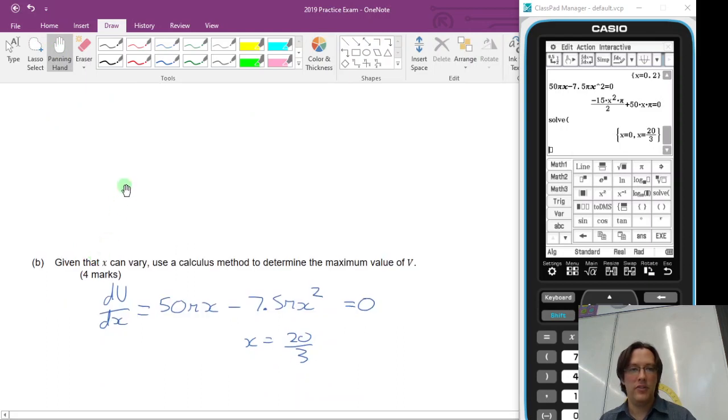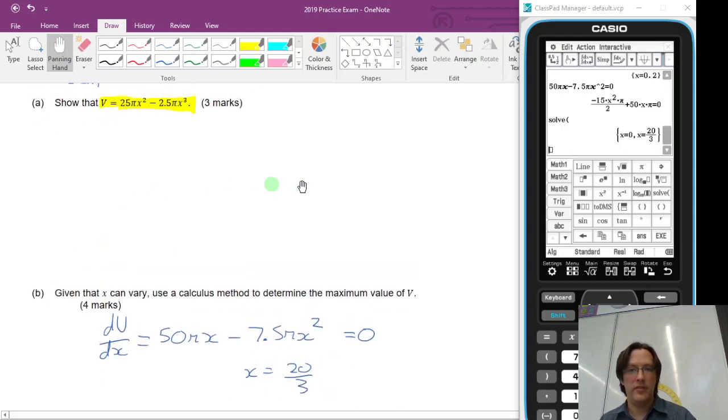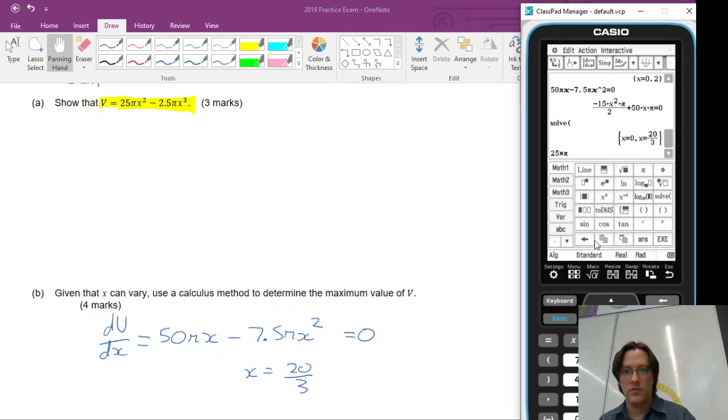So we put that back into our original equation. 25 pi x squared, take 2.5 pi x cubed, given x equals 20 over 3.